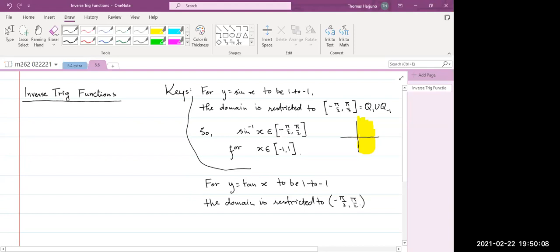Now, I don't think you memorized this yet. I mean, you should have memorized that in trigonometry class. But you still remember that again here. Basically, this is what happened.